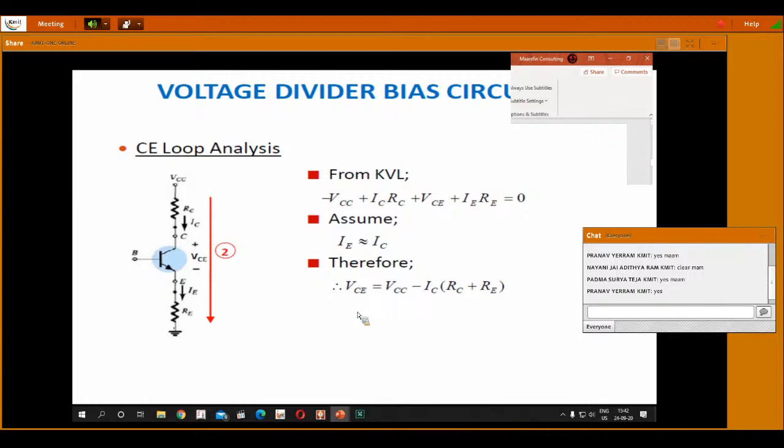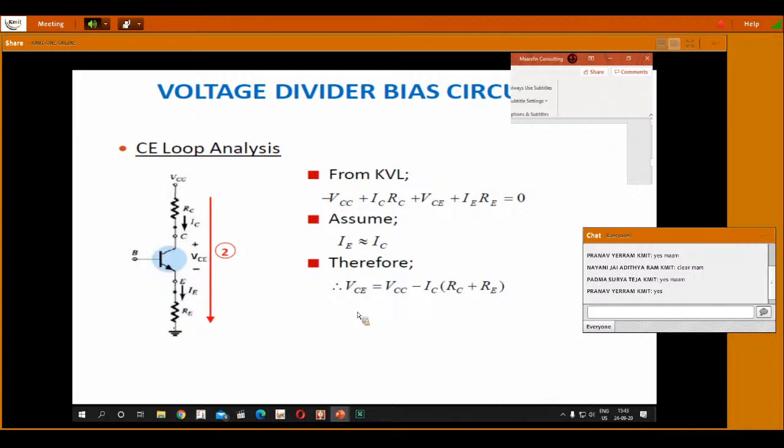So the most stable biasing circuit is the voltage divider bias, and it is very simple to construct, and we can achieve more stability than with the other biasing techniques. So is it clear, everybody? With this, I want to conclude this session.